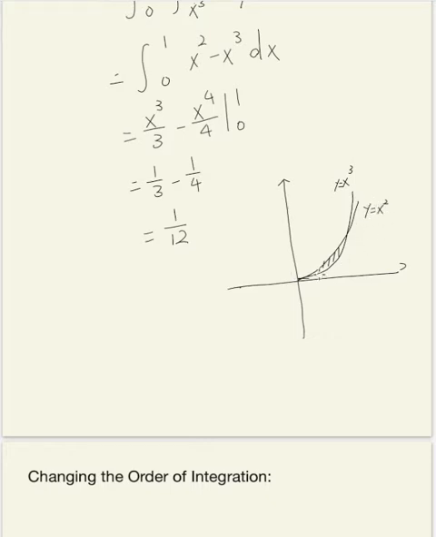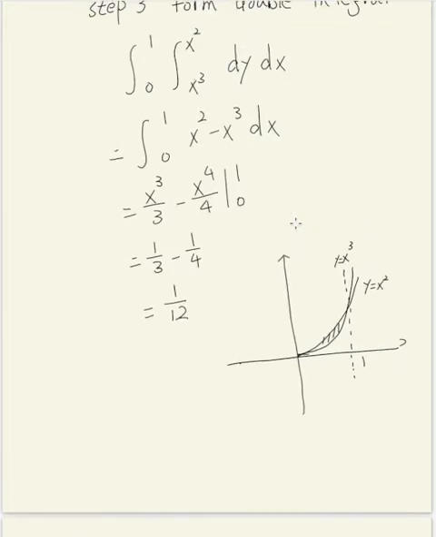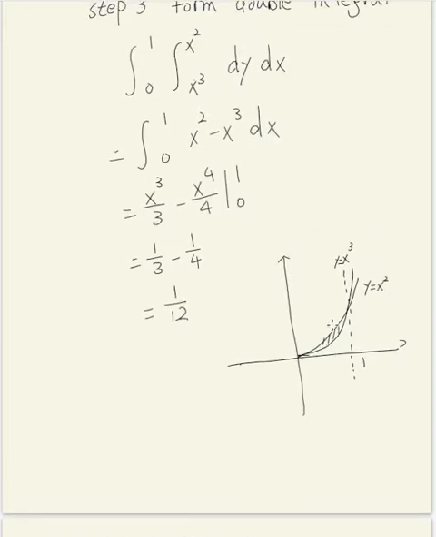We integrate from lower bound to upper bound first, and then we integrate in the horizontal direction, and the left bound is x equals 0, and the right bound is x equals 1. So this is what this double integral represents. We integrate from bottom to top first, and then from left, which is 0, to the right, which is 1. Now we can also go in the other direction.